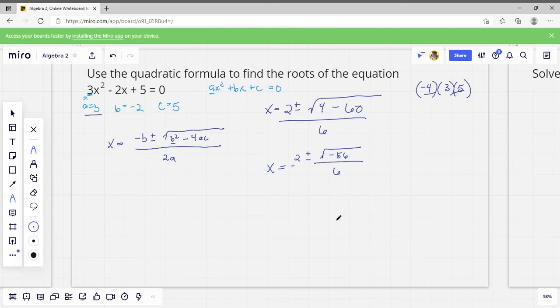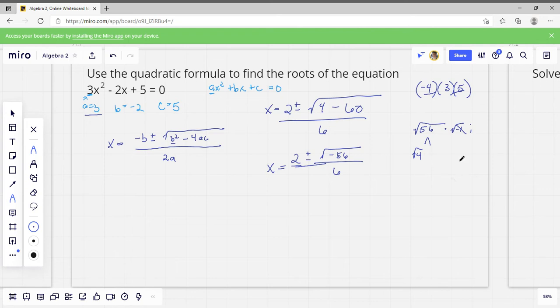The whole thing's over 6, so we could reduce, but hang on, we have to reduce this radical first. So if we reduce the radical, we've got the square root of negative 56, which is the square root of 56 times the square root of negative 1, which is i.